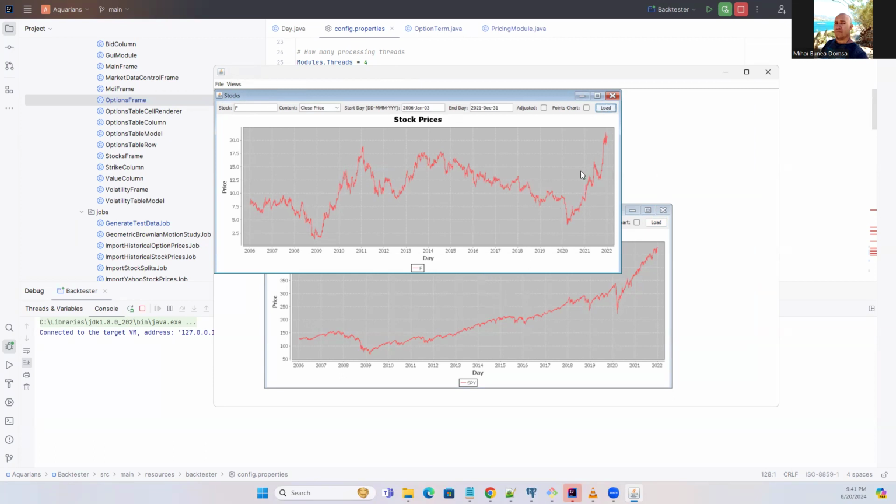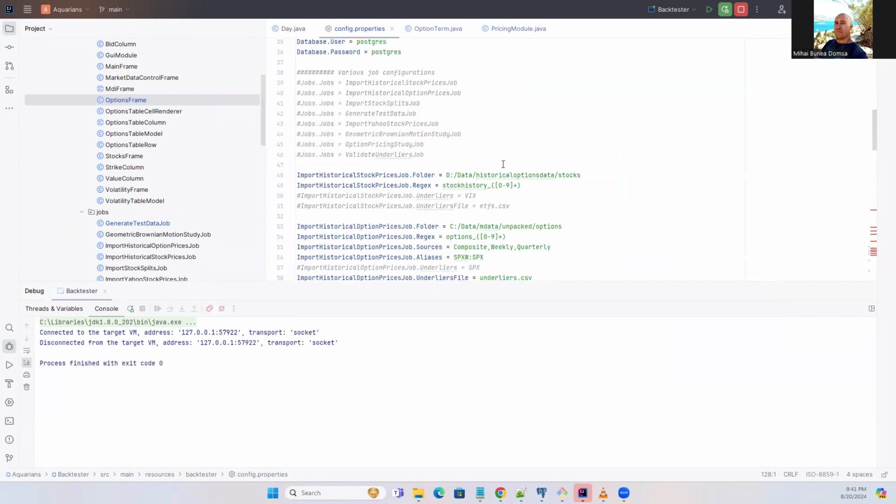You can have hundreds, thousands of underliers, so you need to have some automated method of checking them. So how to do that? We'll run a job, validate underlier job. So just enable it and run it.